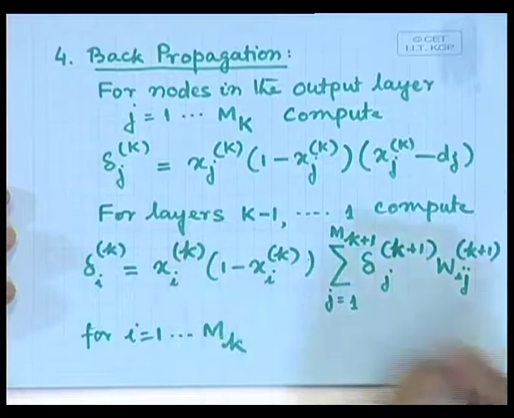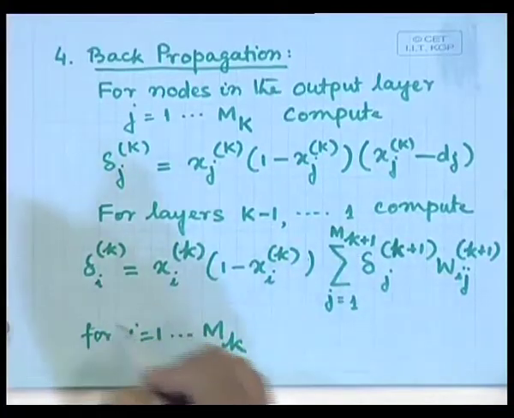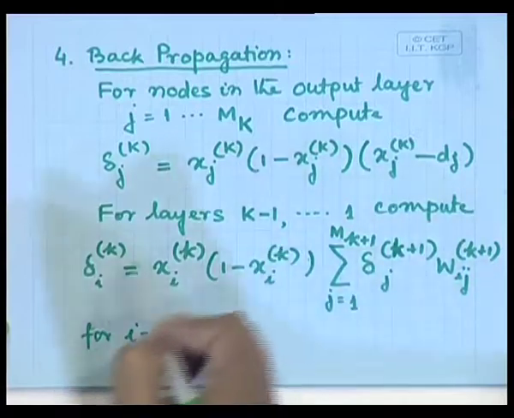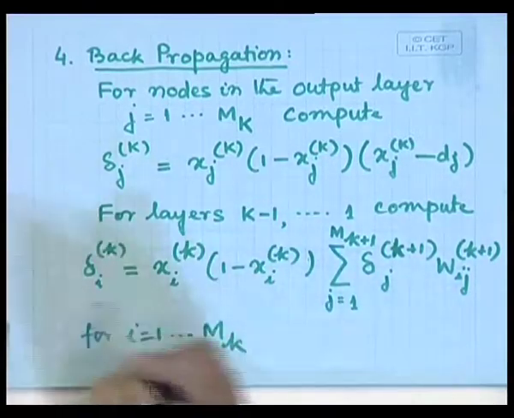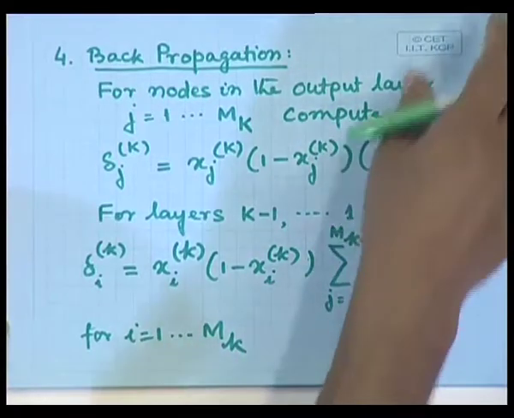I am not showing this derivation, but following the summation from various outputs, and taking the derivative of this, you can find out that this delta I k will come out to be of form something like this. Okay. Because at the output layer I know what is the target output, but in the hidden layers I do not know what is the target output. Okay. Because it is getting combined from various nodes from the layer below that.